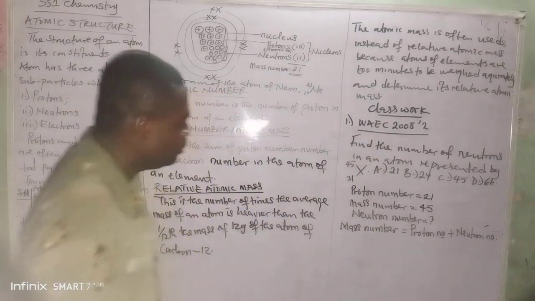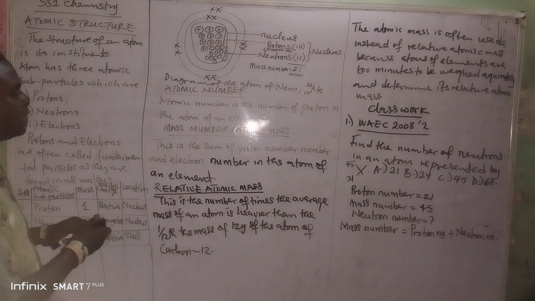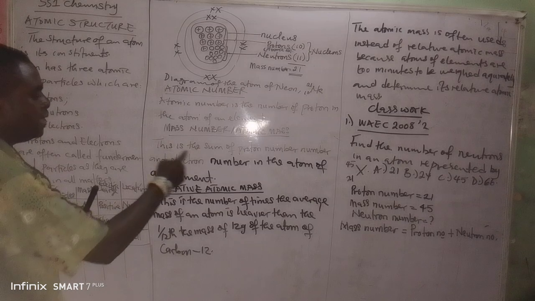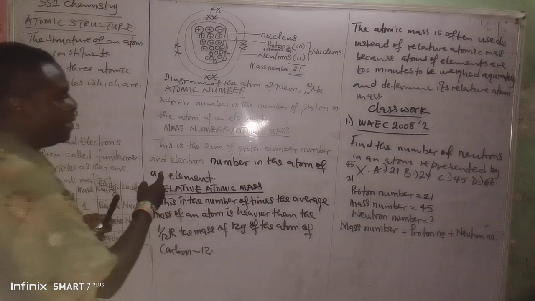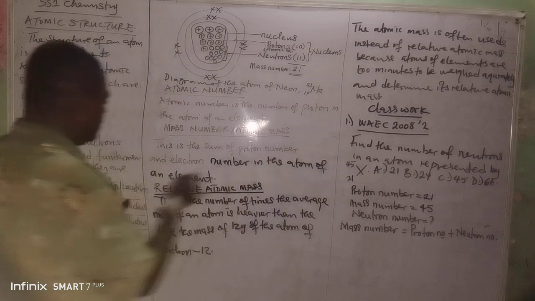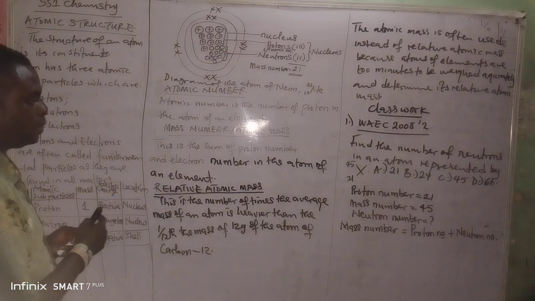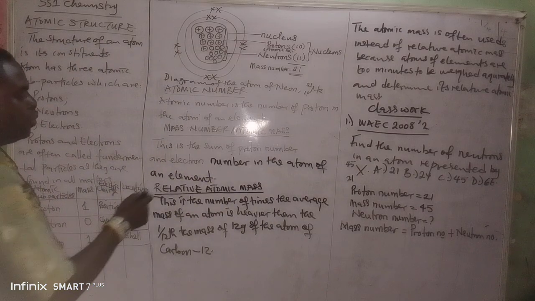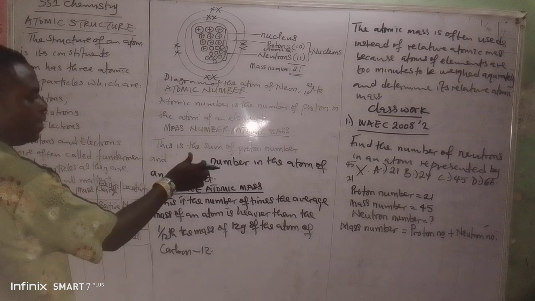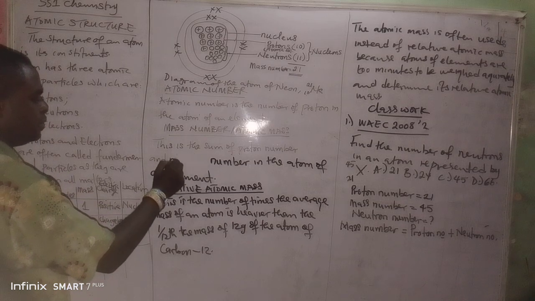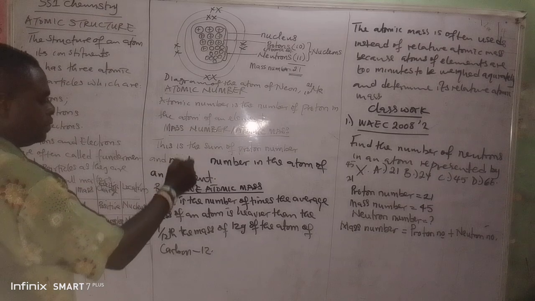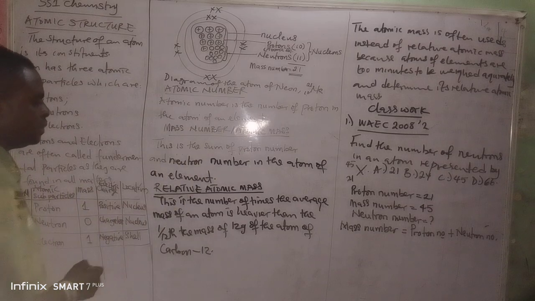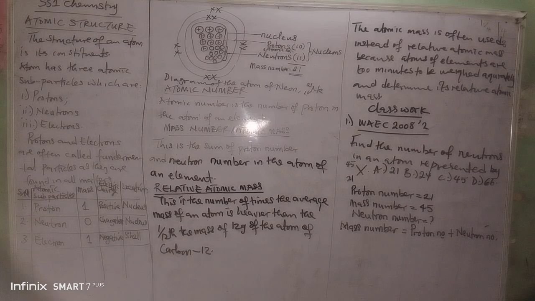This is an equation from this definition. We have said that mass number is the sum of proton number and neutron number.